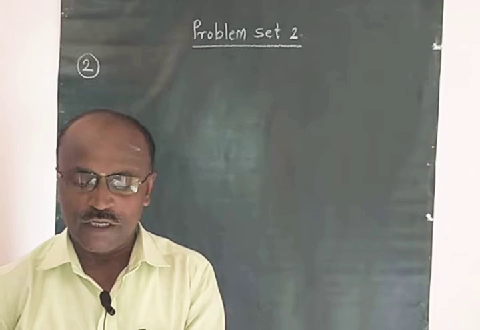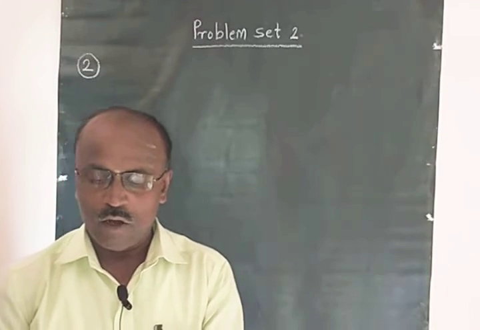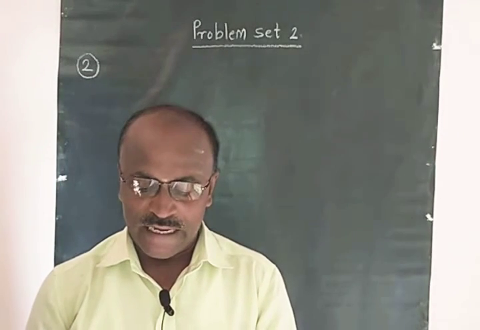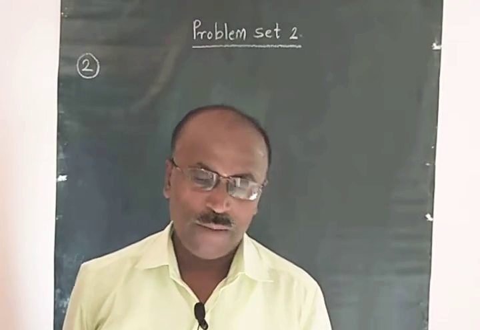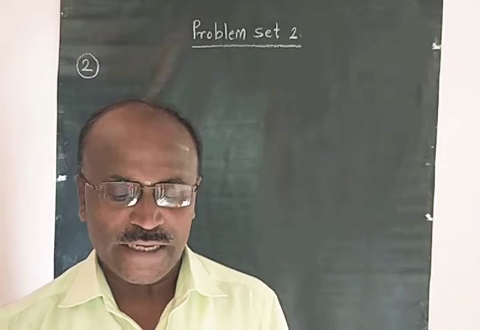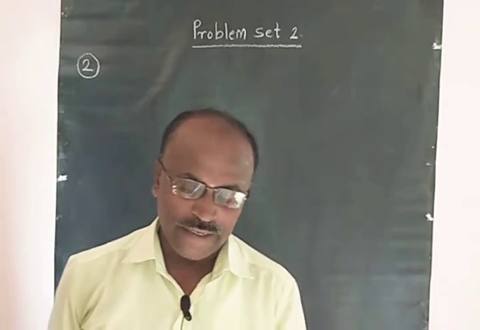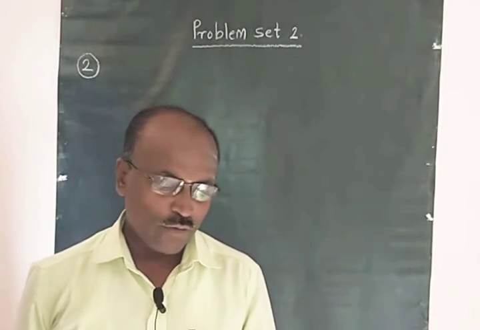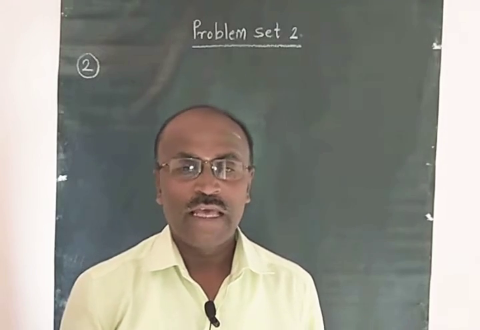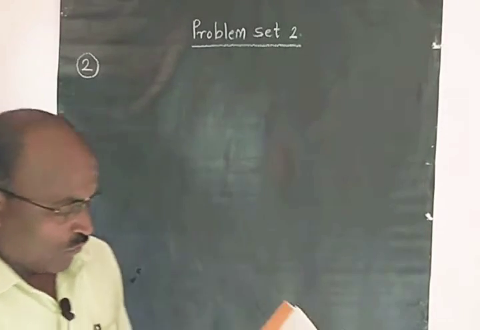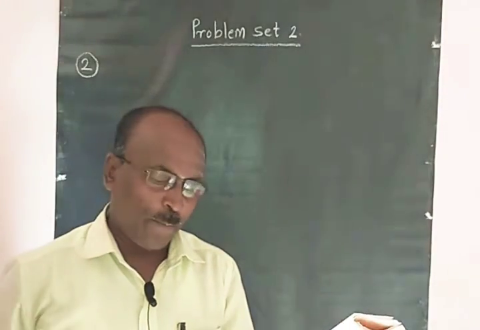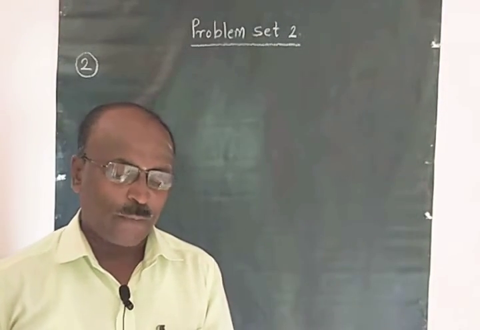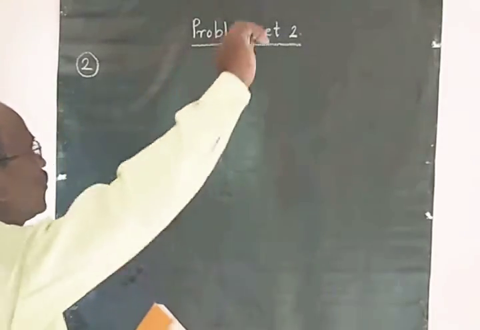Draw a figure showing all these rays and write the first one a pair of complementary angles, the second one a pair of supplementary angles, and the third one a pair of congruent angles. So first of all, draw ray PQ and ray PR which are perpendicular to each other.